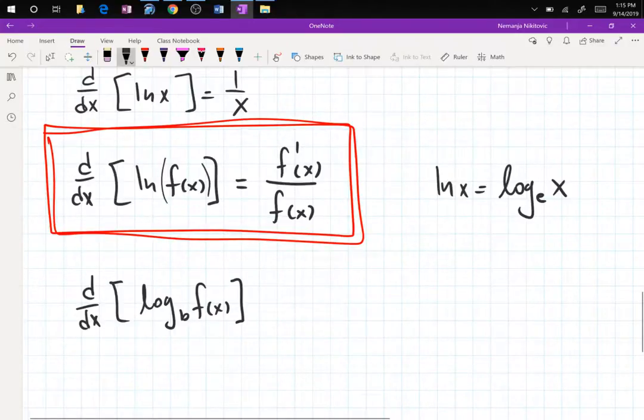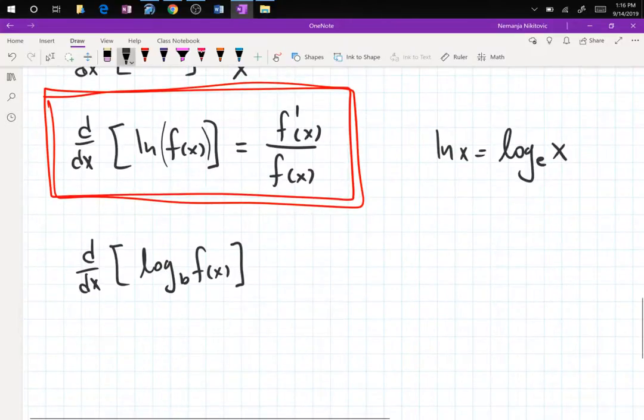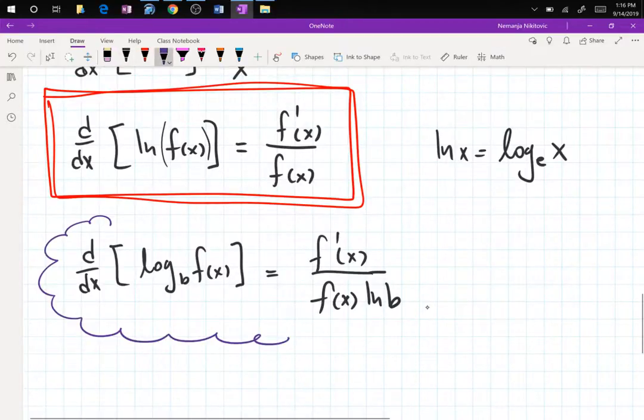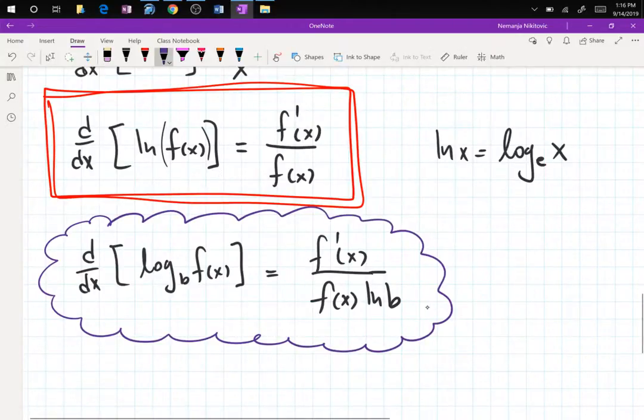Now the derivative is going to be the same f prime over f, and you're going to have the ln b in the denominator in addition. I'm going to put the cloud over here because this is the boss equation, the general form. However, 99% of the time you're using the red one because pretty much all the time you just see ln functions everywhere.